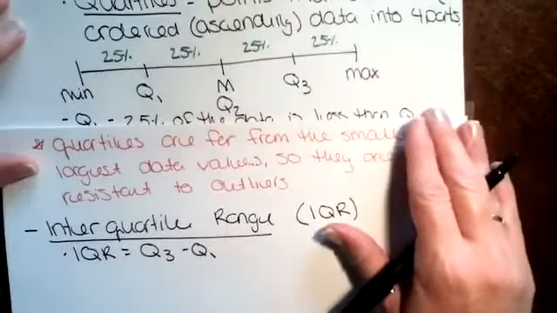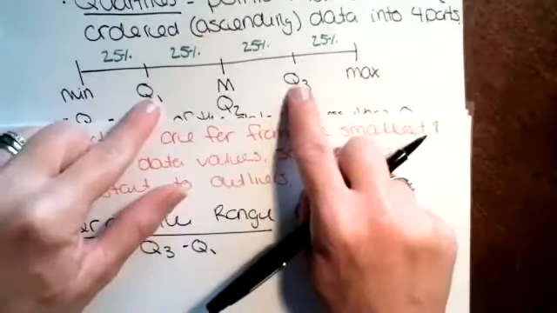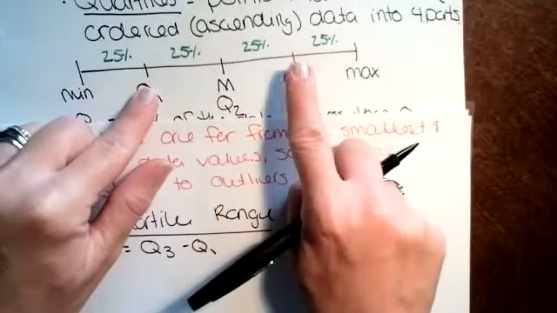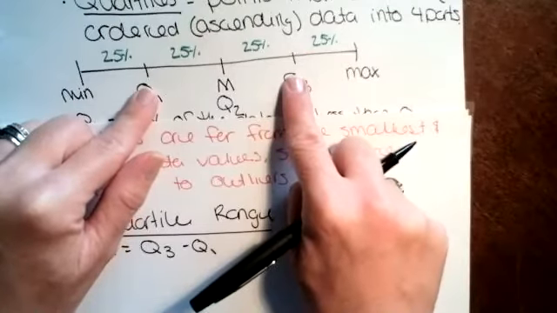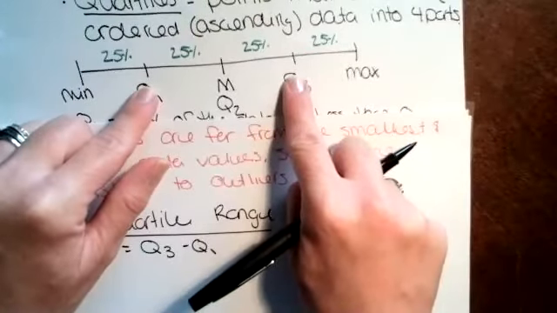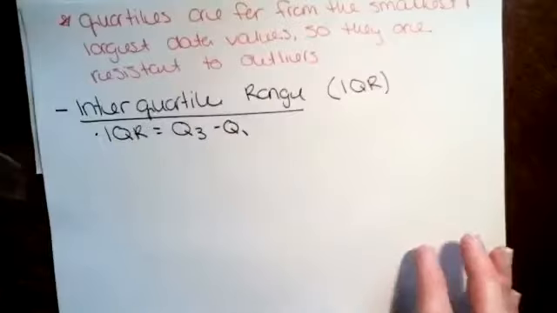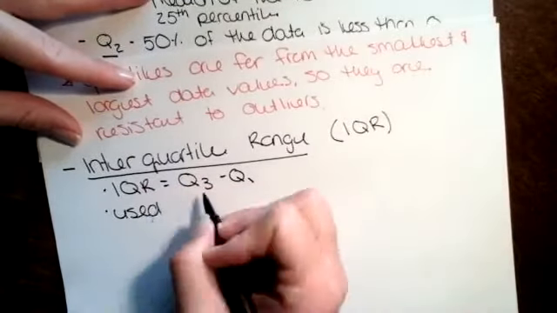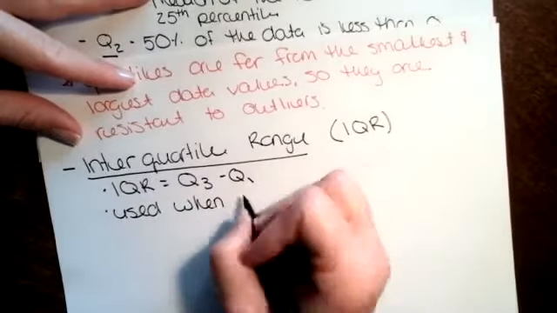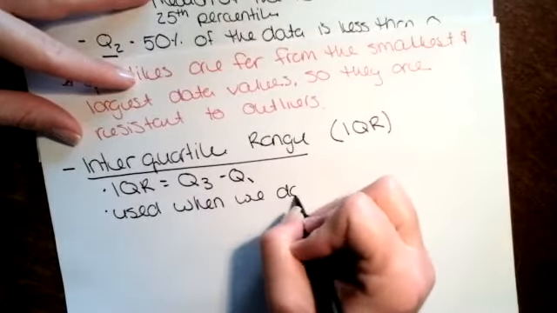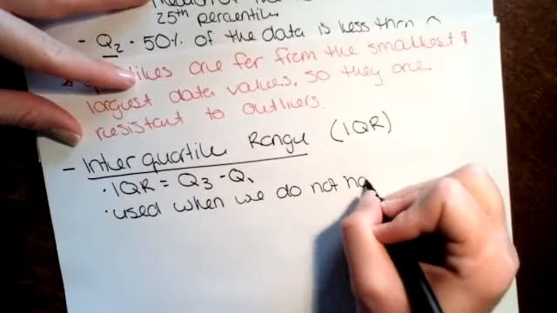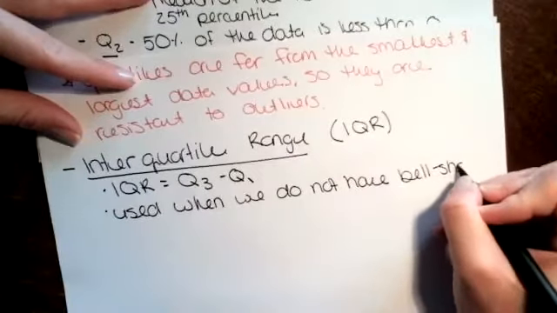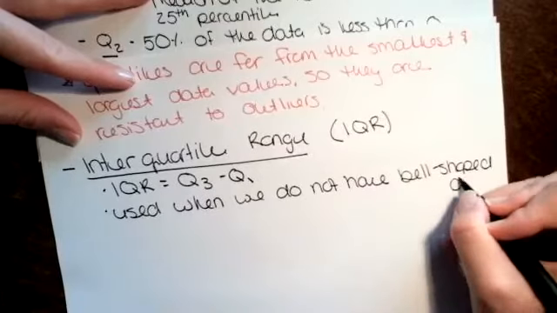The interquartile range is the range between these two numbers. So it gives me the distance. It gives me the range of that middle 50%, where half of my data is. That gives us some pretty good information. The interquartile range is used when we do not have symmetric or bell-shaped data or distribution.